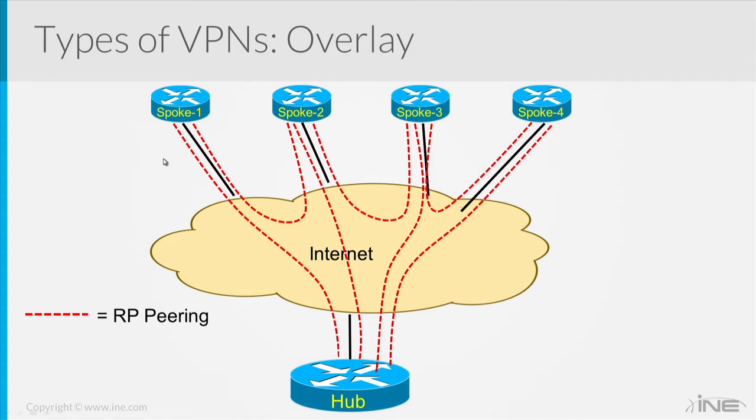So from a layer 3 perspective, I am overlaying my routing. So in other words, my routing is happening, my peers now are my own routers. So in spoke number 1, if I did show IP OSPF neighbor or show IP EIGRP neighbor, I would see that the neighbor was the hub.